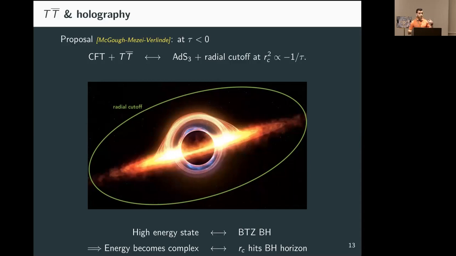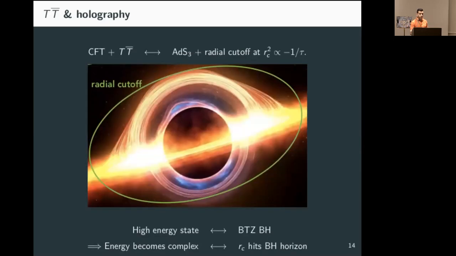So we see that for a negative tau, we have a finite cutoff. And if we go high enough in the energy levels, then we find larger and larger black holes until we hit a black hole whose horizon reaches the radial cutoff for any negative fixed tau. And so we see that we cannot have unitarity beyond that point.